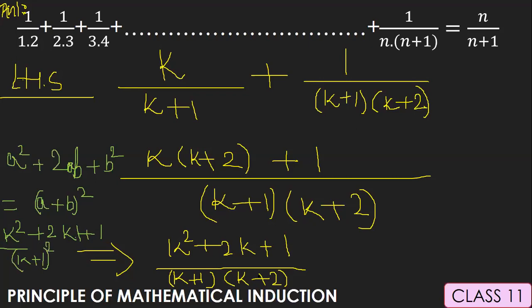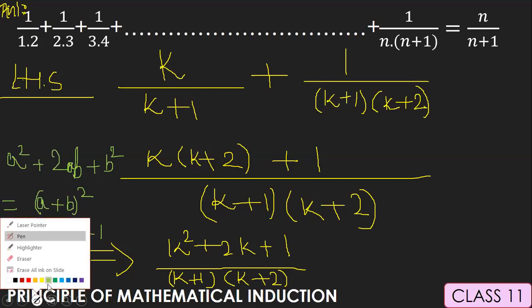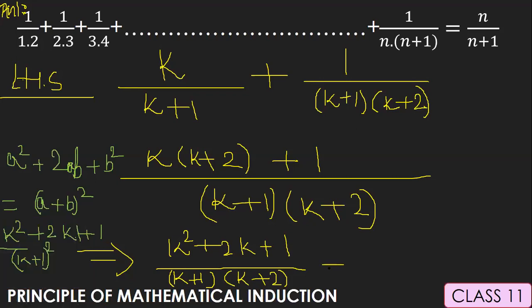So here you would get k plus 1 whole square divided by k plus 1 into k plus 2, right?